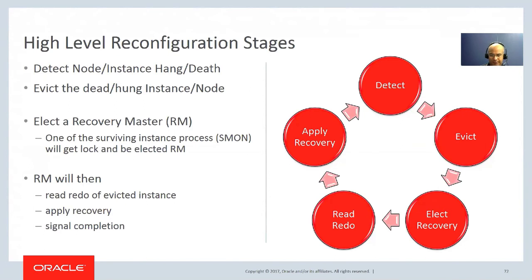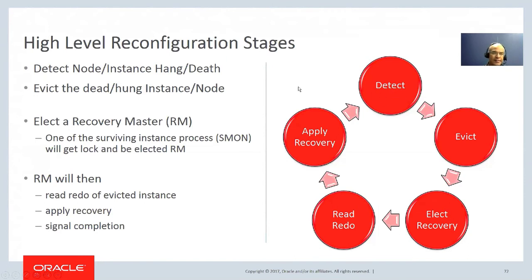If you look at the screen on the right, I start with the top one. There's a detection phase, there's an eviction phase. We have to elect a recovery master, and that recovery master will actually read the redo and apply the recovery. So these are the very, very high-level stages.